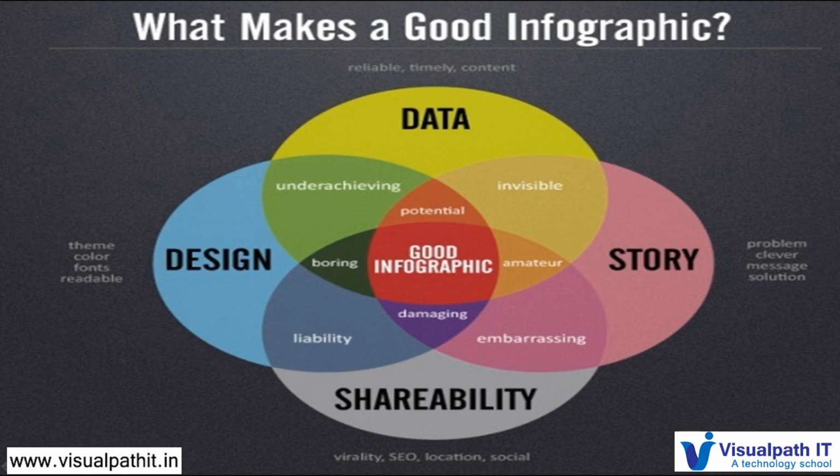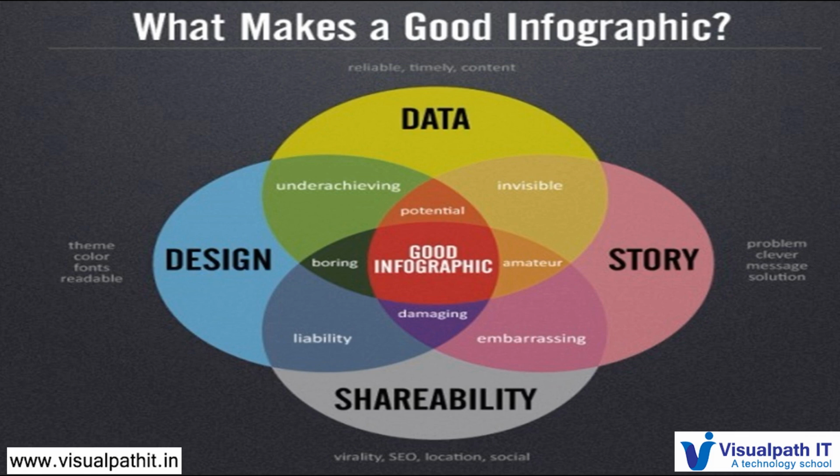Next, we'll see what makes a good infographic. On the screen, it says that infographics are generally conveyed to convey a specific message. In this example, you can see what makes a good infographic, such as why information visualization matters or choosing the perfect color for a car.